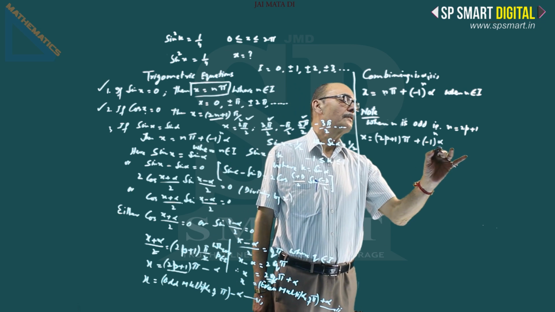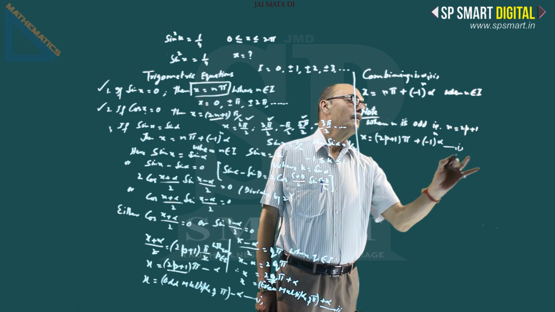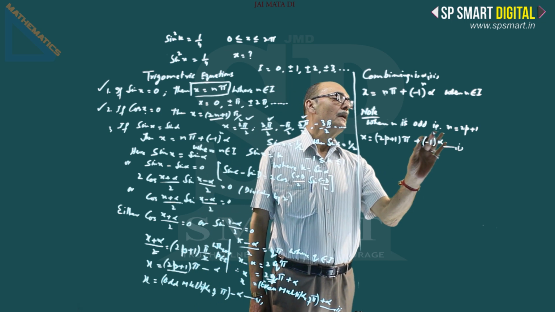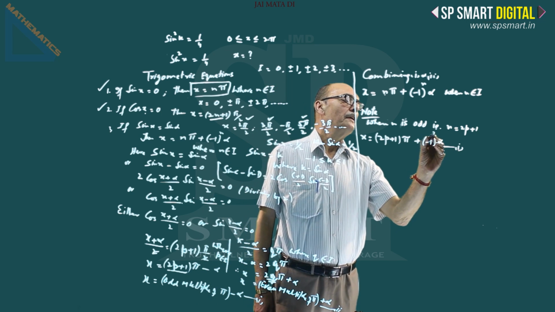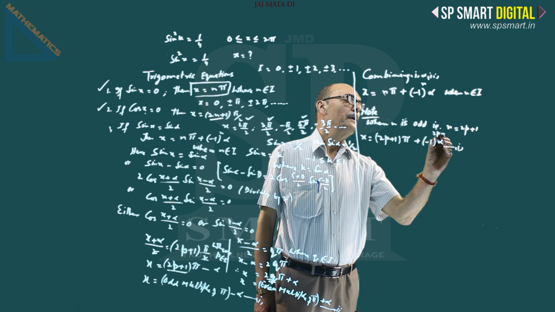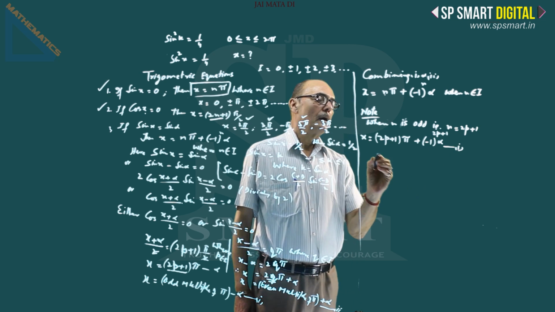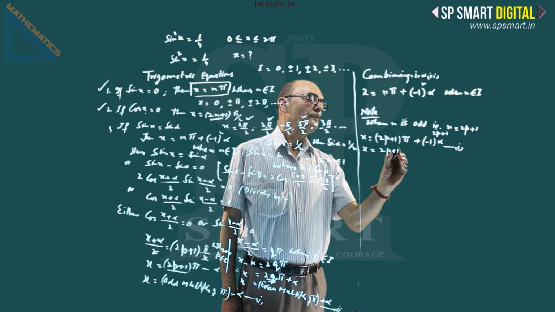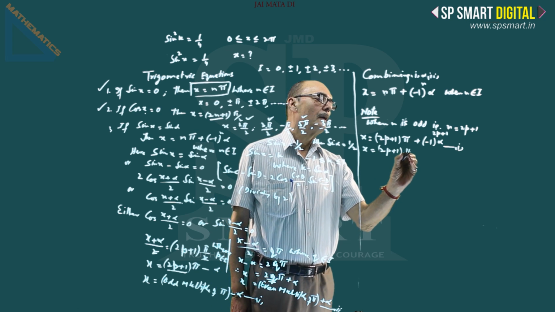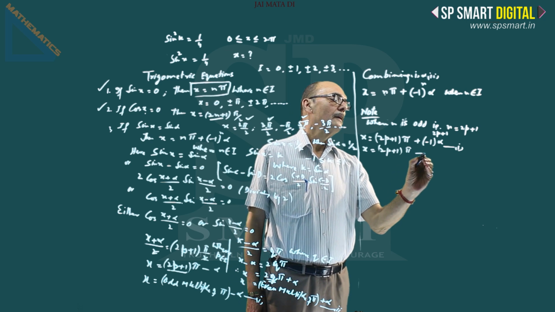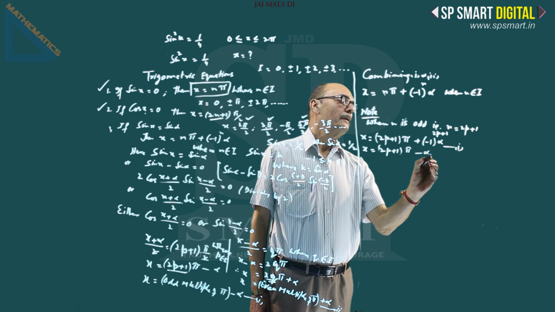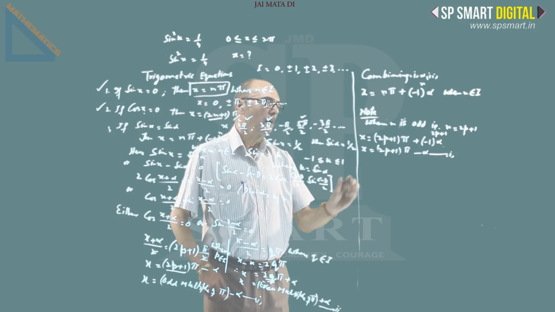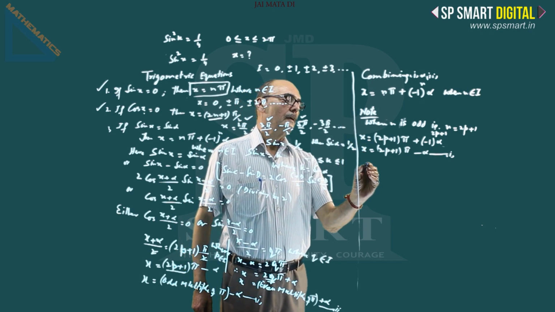So, this is your first result. Minus 1 raised to power n, in place of that you can write 2p plus 1, and x equal to (2p plus 1) pi minus alpha. Basically, this is the first result. This is the first case.